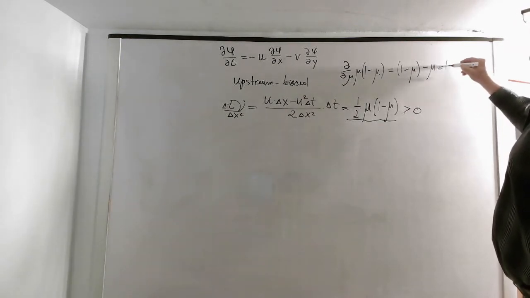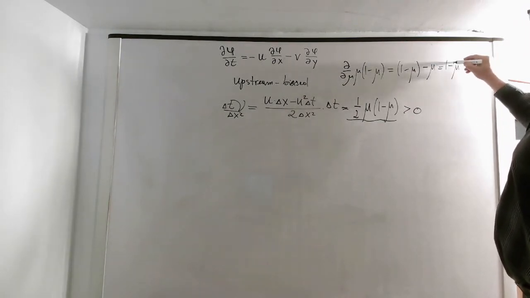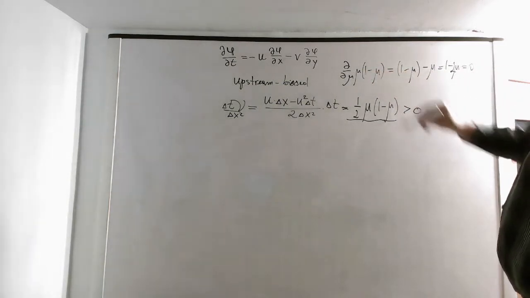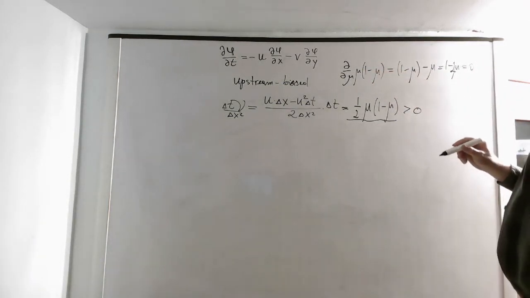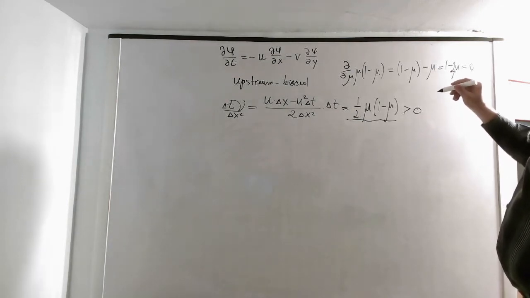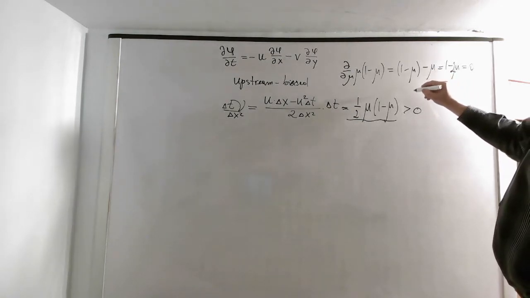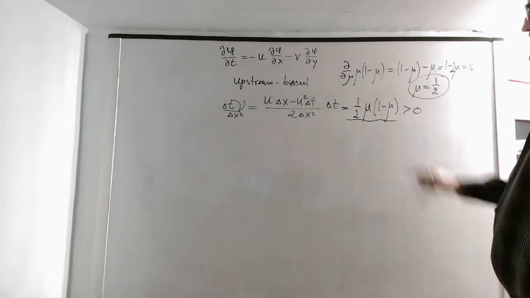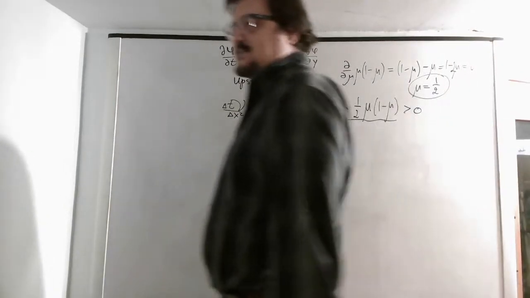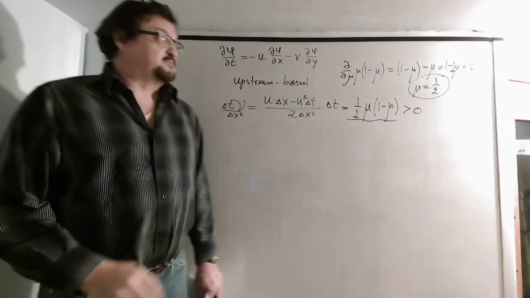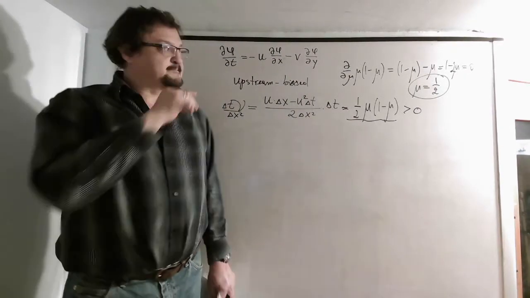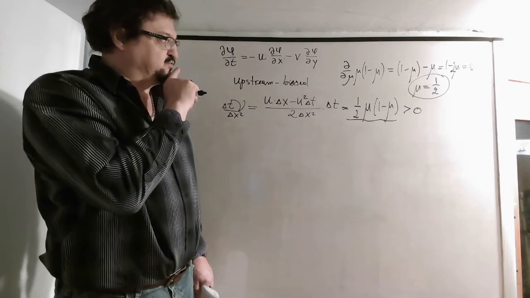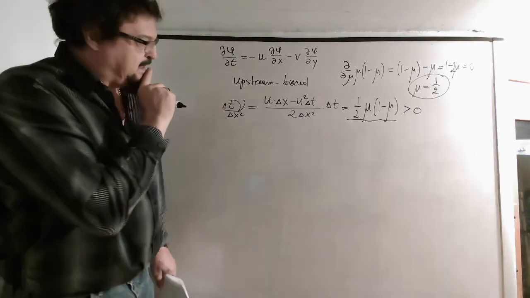So we have 1 minus 2 mu equals to 0. We'll find the maximum of a function. So we have that mu equals to 1/2. This is the maximum effect of implicit diffusion. So when mu equals to 1/2, then it's maximum diffusion, implicit diffusion for upstream bias scheme.